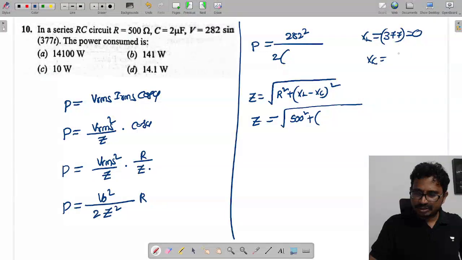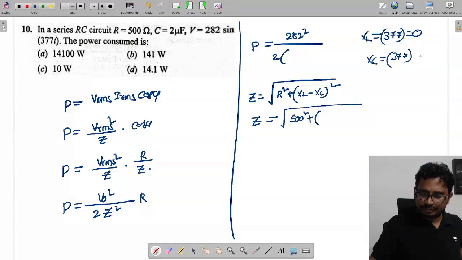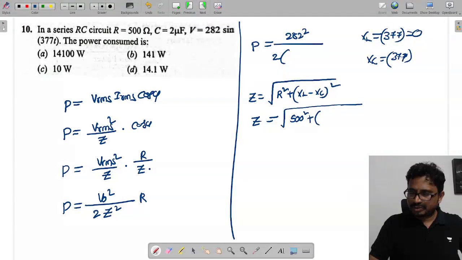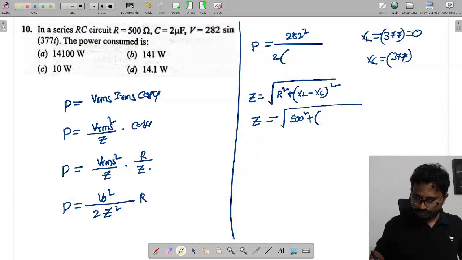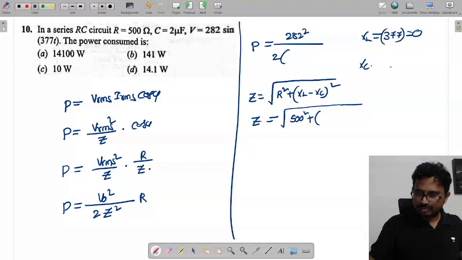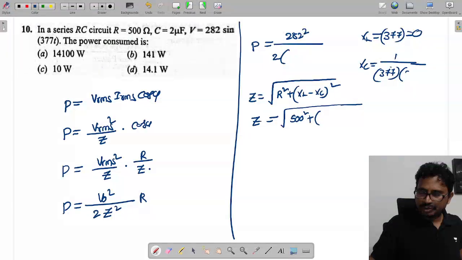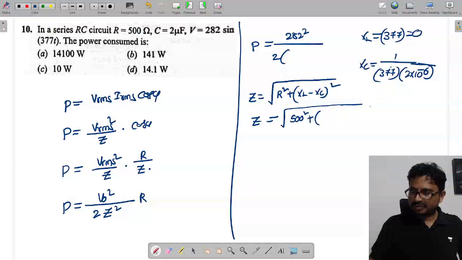So what is the capacitive reactance? XC is 1 by omega C, with omega 377 and C value 2 into 10 power minus 6. Simplify this to get the XC value.